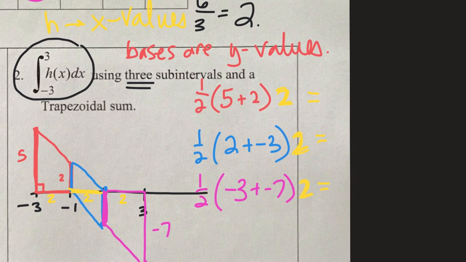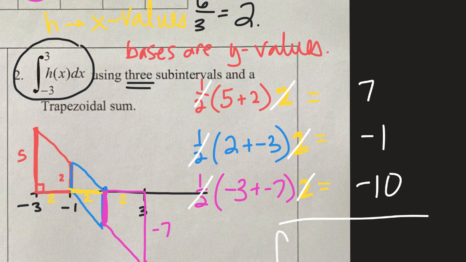So 1/2 of 7 times 2 is 7. 1/2 of 2 minus 3 times 2 is -1. And 1/2 of -3 plus -7 is -10. Okay, it's really nice if we have a height of 2, because that directly cancels out that 1/2, and then you just have to add your y's together.